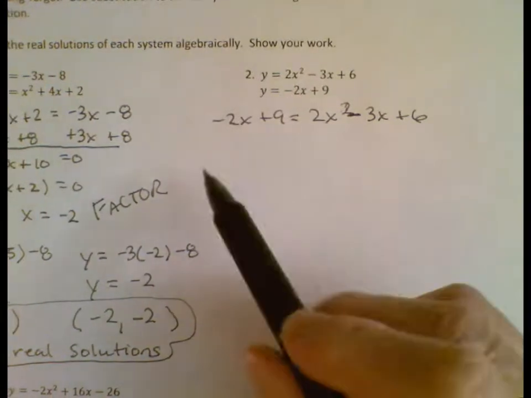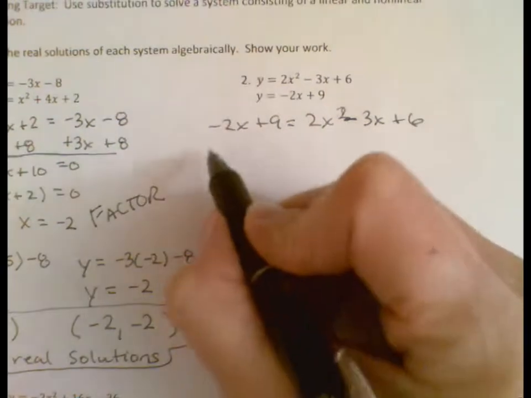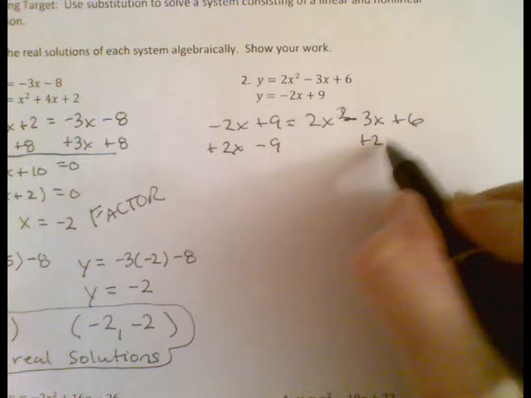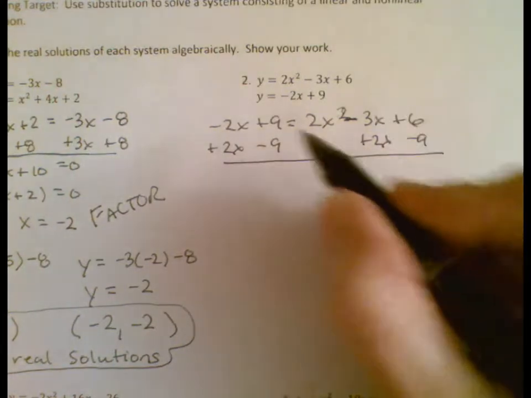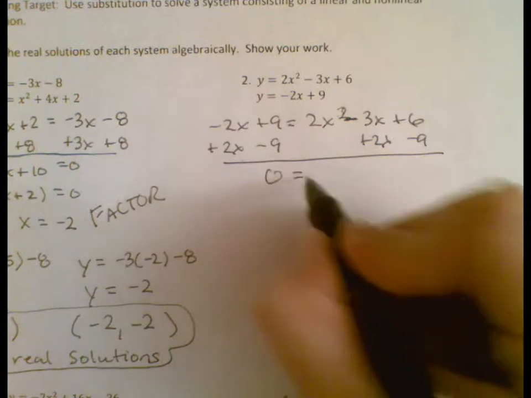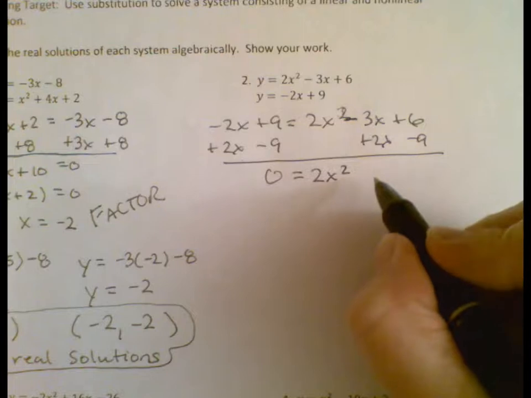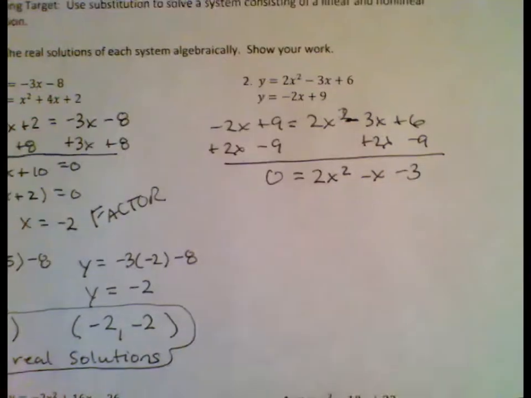Okay, and I'm just going to shift everything from the left to the right since my quadratic pieces are over there. So cleaning this up, I get 2x squared minus x, and then minus 3.